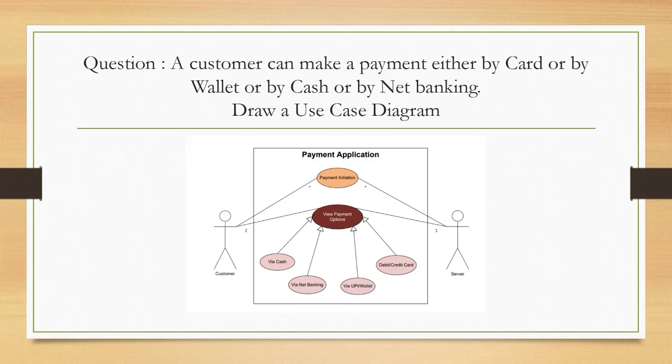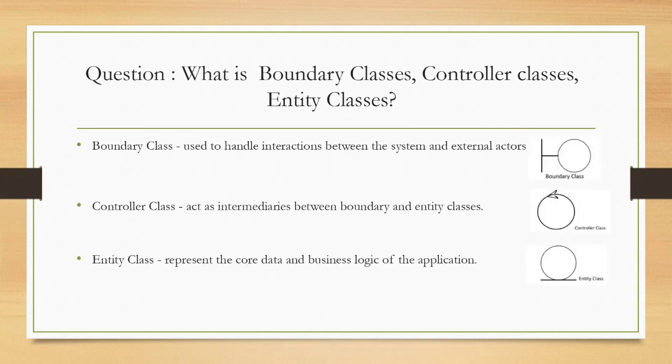Coming to this, what are boundary classes, controller classes, and entity classes? The boundary class is used to handle interaction between the system and the external actors. Remember, guys, in prep 1 part 2 itself, we learned about the three-tier architecture. In software, the application is chunked into three layers: the presentation layer, the application layer, and the data layer.